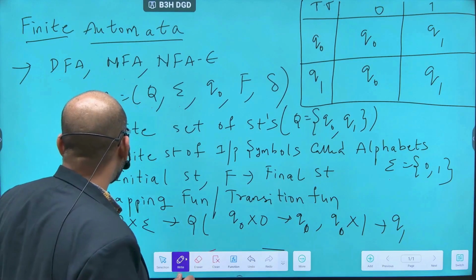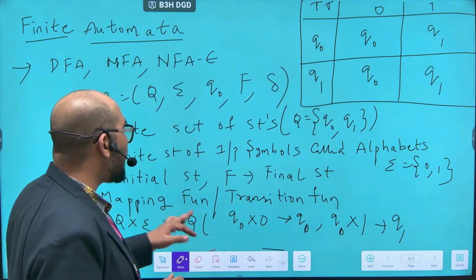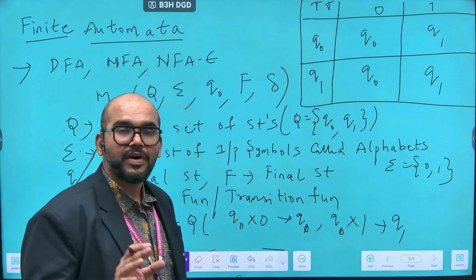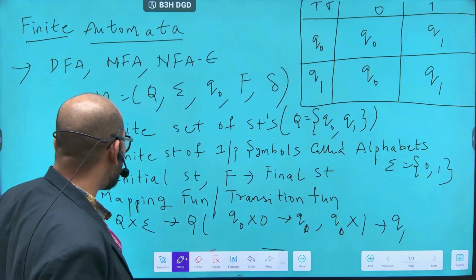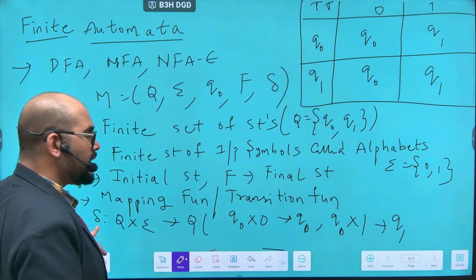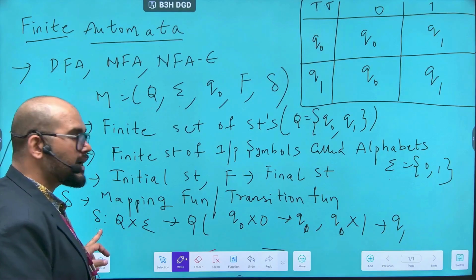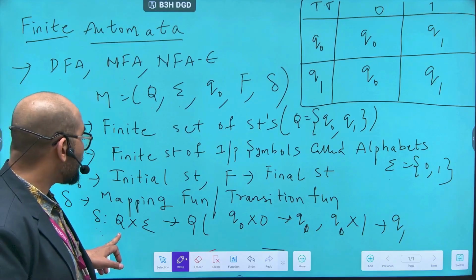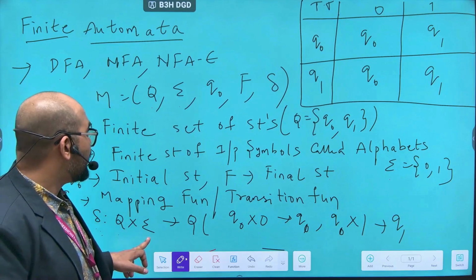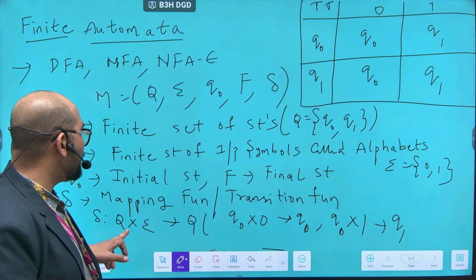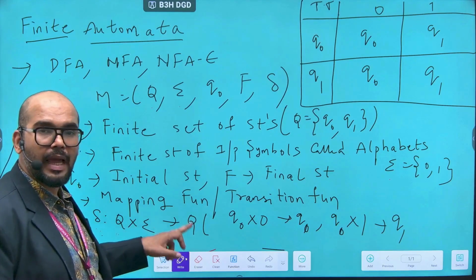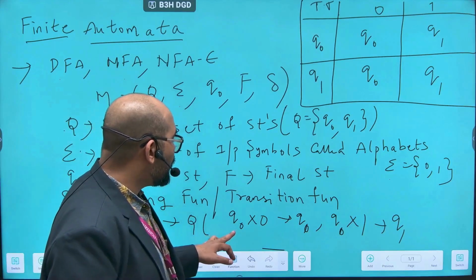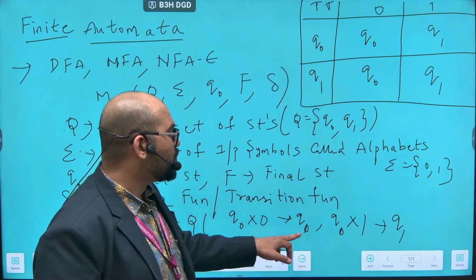The next one is delta, that is the mapping function. We can even call this one the transition function. So for the previous example, mathematically we represent this as delta: Q x sigma goes to Q. For the previous example I am discussing, q0 with input symbol 0 will move to q0.